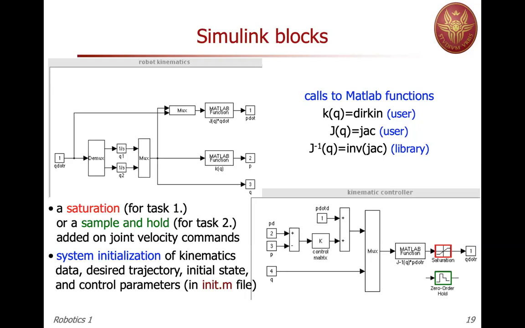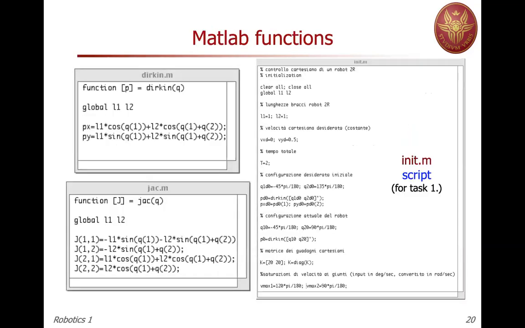So here I'm using some MATLAB-defined function, the Dirkin Jack, and then I'm using the inverse function of the library of MATLAB for inverting the Jacobian. These are simple codes that are expressed like this.